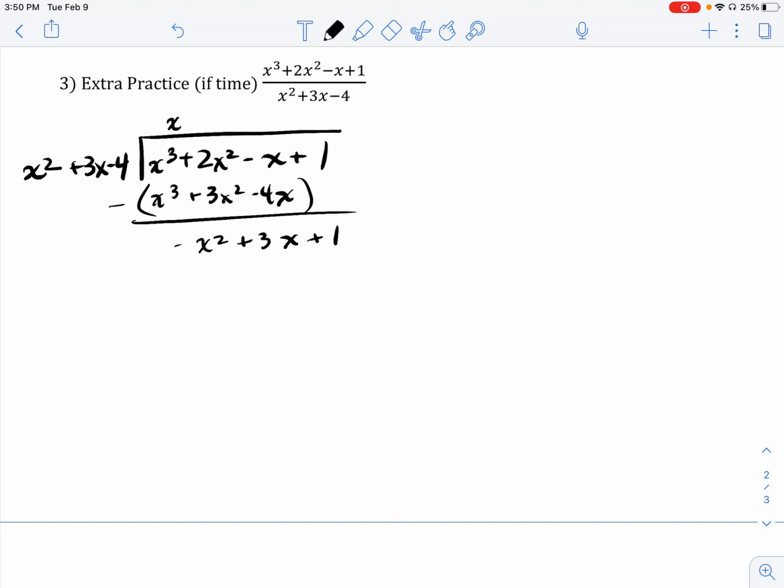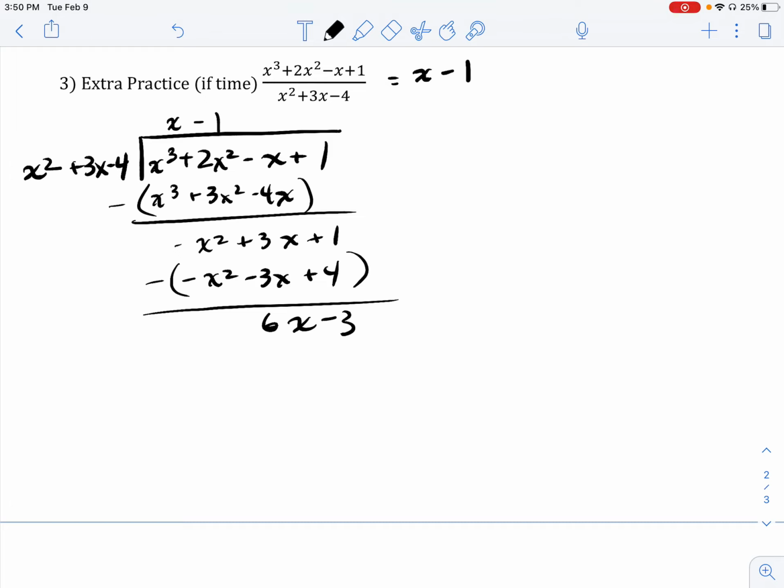So then I'm going to multiply this out here by -1. And when I subtract that, I'm left with, what is that? 6x minus 3. That's your remainder. So this rational expression is equivalent to x minus 1 plus 6x minus 3 over x squared plus 3x minus 4. This is what we are going to use for our partial fraction decomposition.